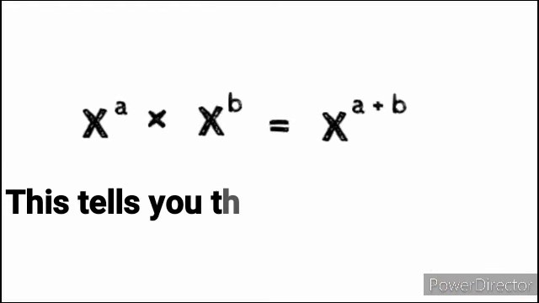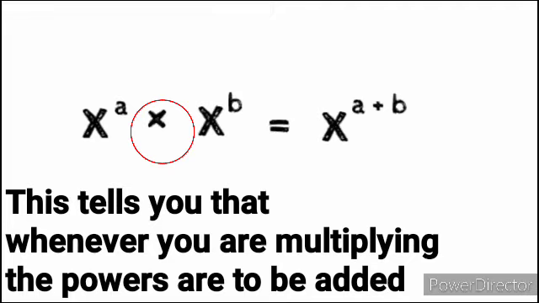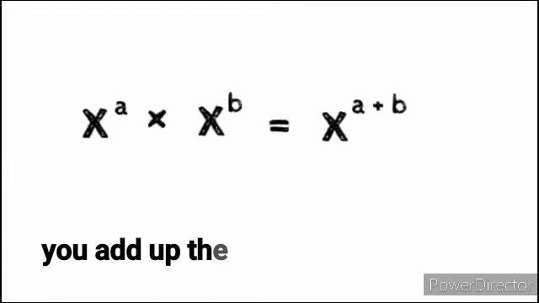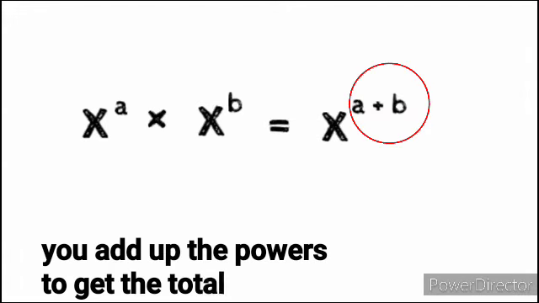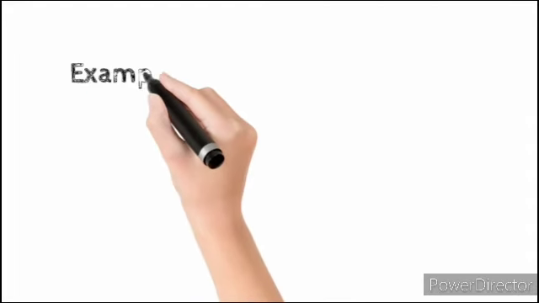This tells you that whenever you are multiplying, the powers are to be added up. You add up the powers to get the total power. Now, we solve an example under this basic law.